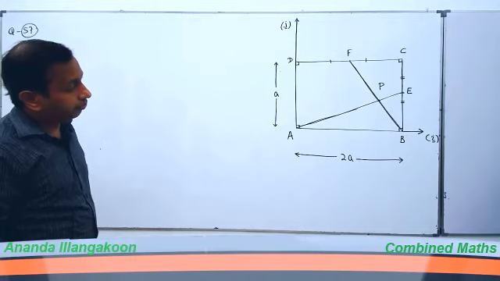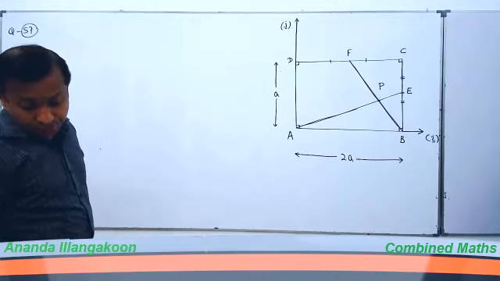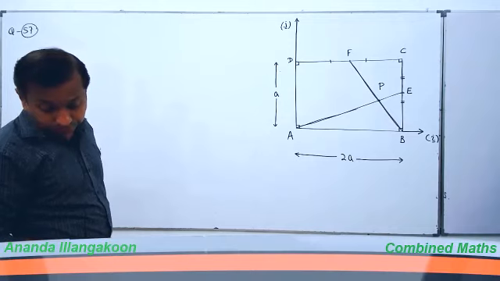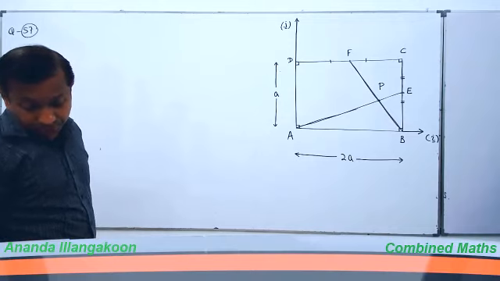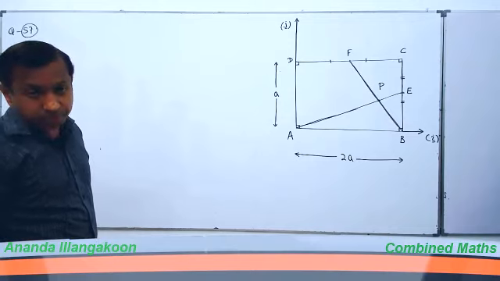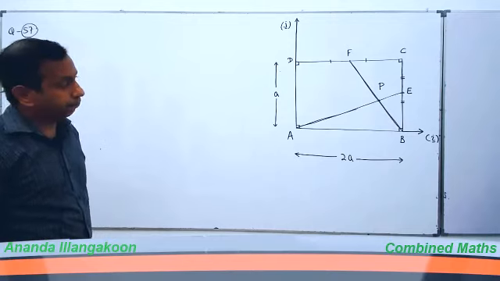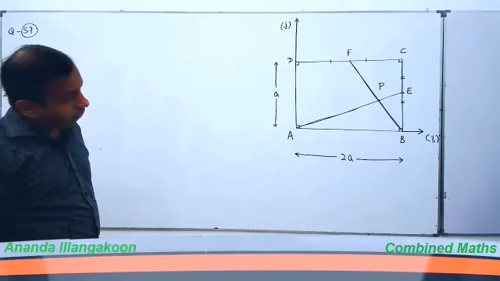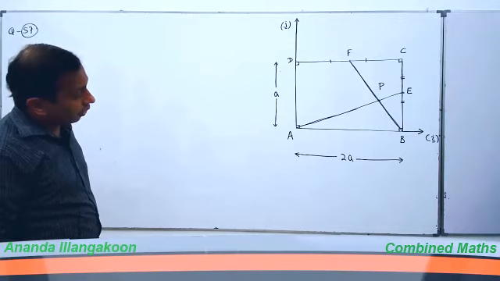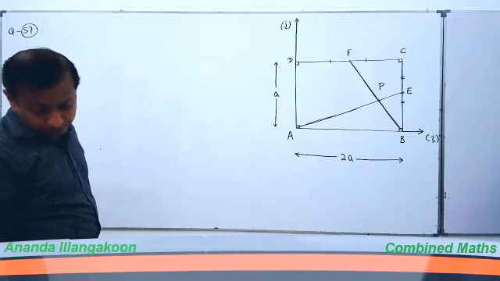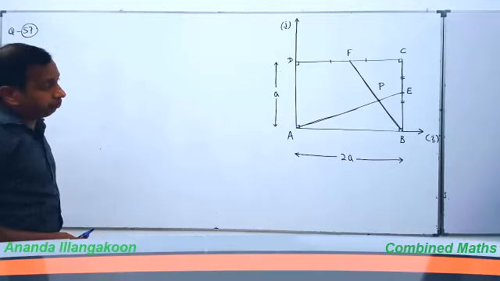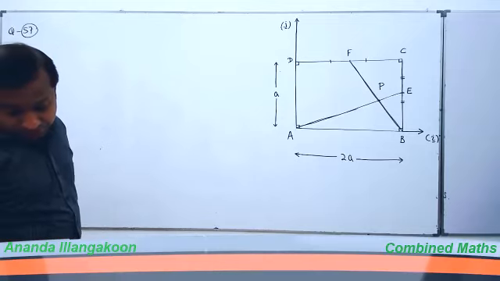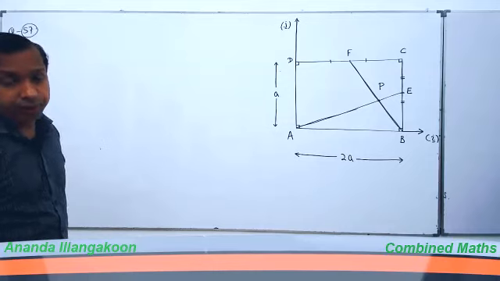First way is AP equals lambda times (2A i plus A by 2 times j). Second one is 2A i plus mu times (minus A i plus A j).